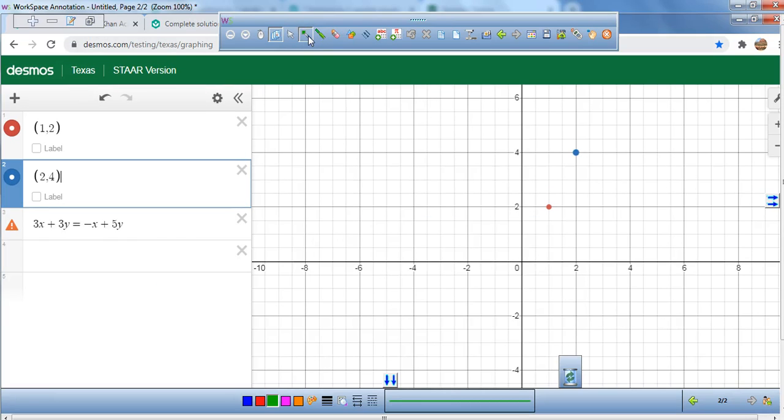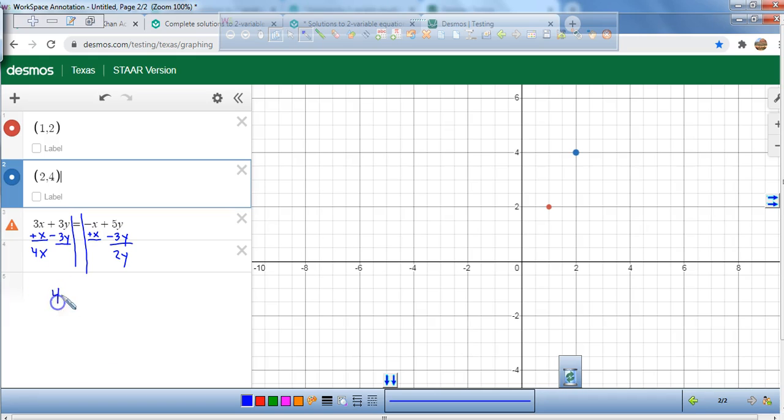Since I have a little bit of room here, I'll go ahead and change it to y equals form. You don't have to do this for this exercise, but it's always helpful to know how to change things to y equals. You'll notice I have 3y's over here and 5y's over here. Since I have more over here, I'm going to take away 3y from both sides, which leaves me with 2y. If I move all the y's to one side, I have to move all the x's to the other side, so I'm going to add an x, and I get a total of 4 x's.